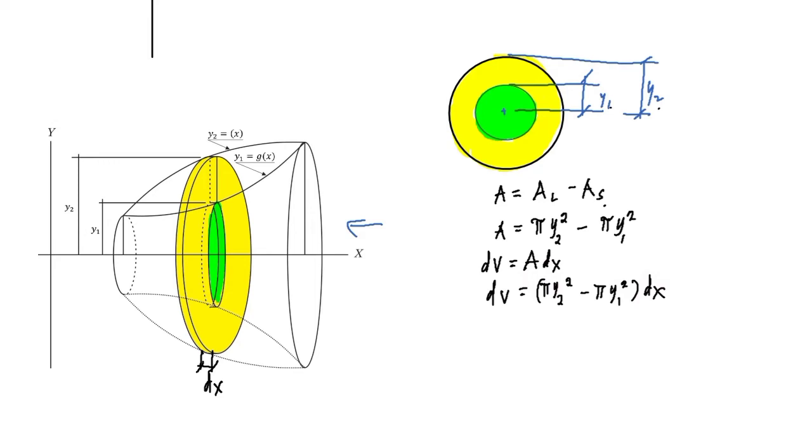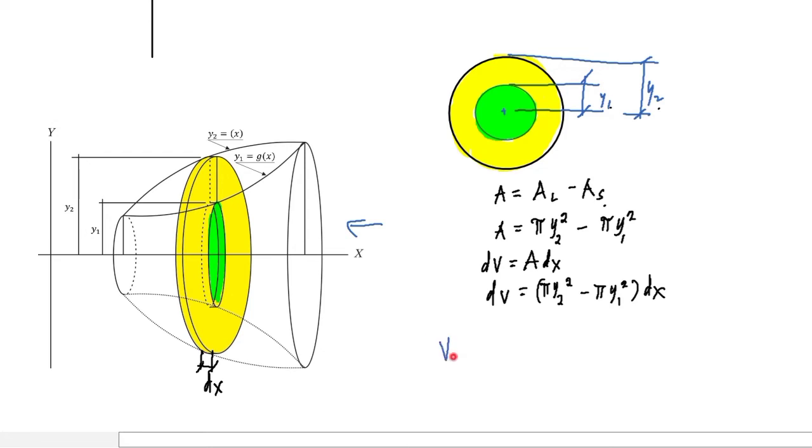So if we are going to compute for the volume, if this is revolved in the x-axis, that is just equal to the integral. Since common naman yung pi sa kanila, we can factor that out. We have here pi times the integral of y sub 2 squared minus y sub 1 squared dx.